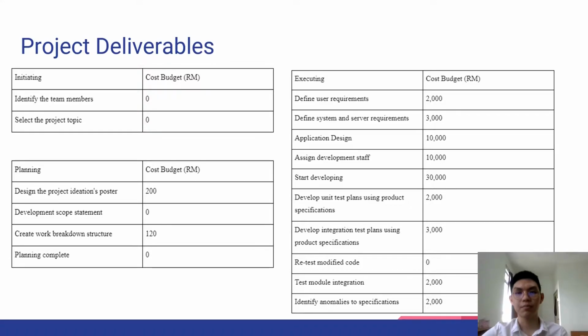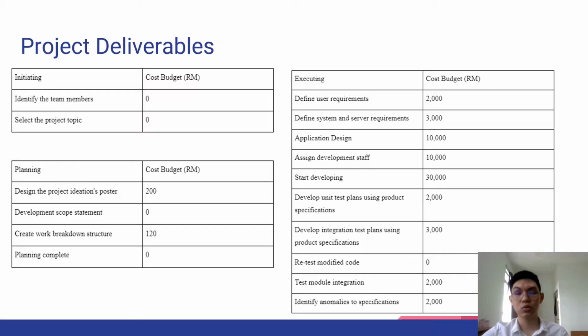Assigning development staff is 10,000, as we use 30,000 for starting to develop our project. We also use 2,000 budget to develop the unit test plan using product specification, and 3,000 for developing the integration test plan using product specification.